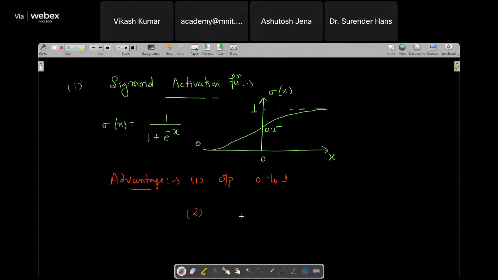The second advantage is it is a non-linear activation function because of the exponential, so it can capture the non-linearity present in the data.